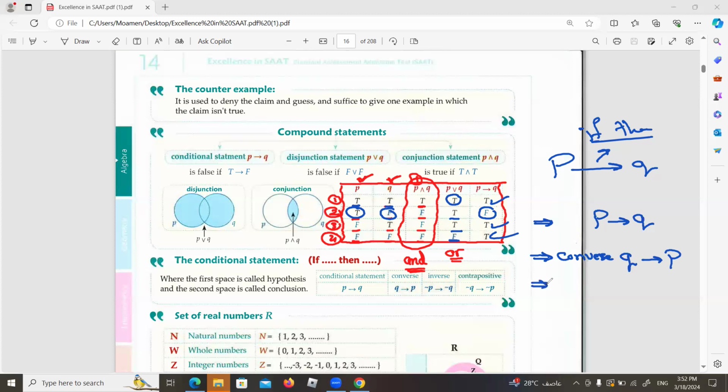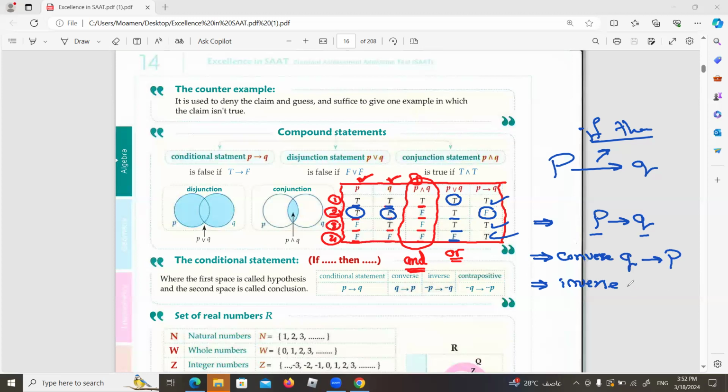But what about the inverse? The inverse means you will negate P and negate Q. Negate means not. For example, if I said the angle is right, you say the angle is not right.